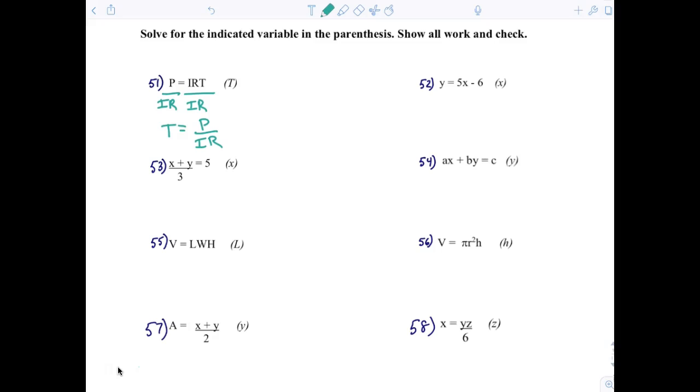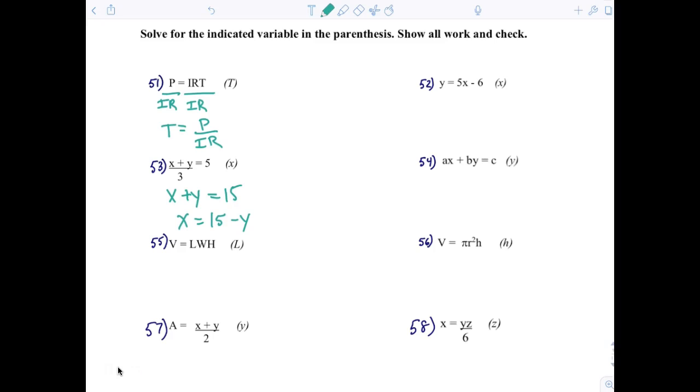Now, if I'm solving for x in number 53, you multiply both sides by 3. Very good. So then I would have x plus y equals 15. And now I just need to subtract y. Very good. So x is equal to 15 minus y if you want, or you could just say negative y plus 15.